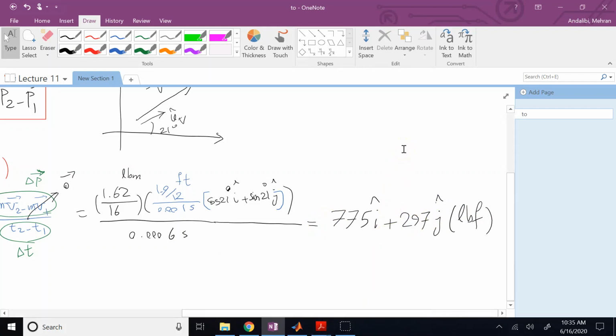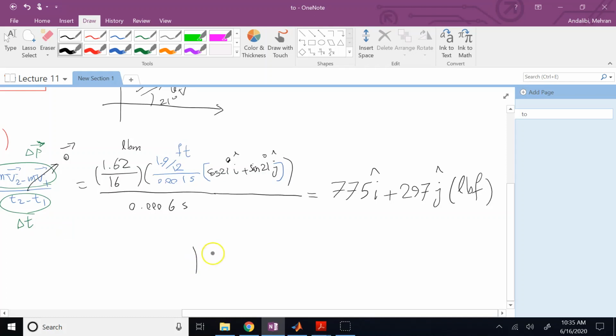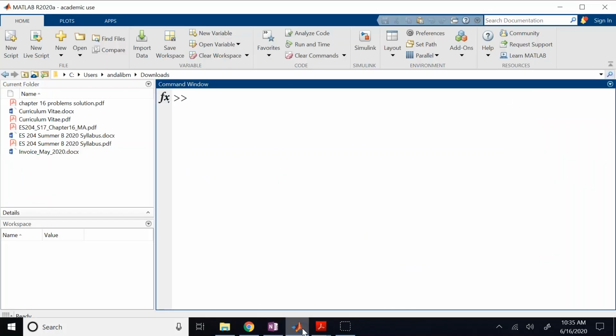And if somebody says what is the magnitude of the average force, then you just use what? The square root formula, right? So how much was the magnitude of the average force? You just use the square root formula in this case, which is 829.